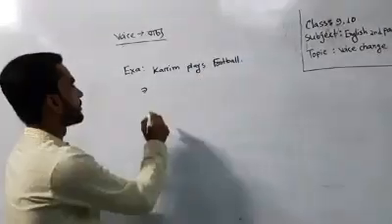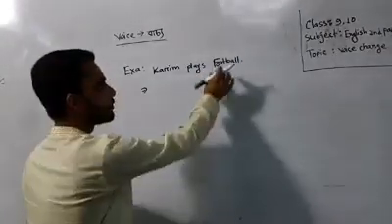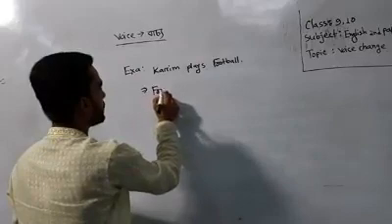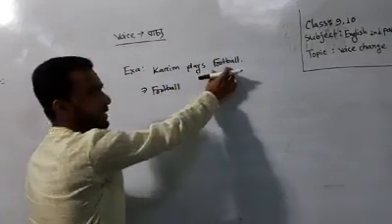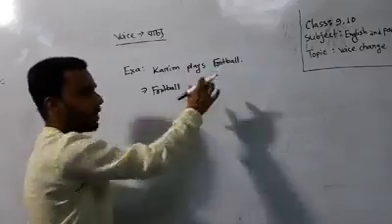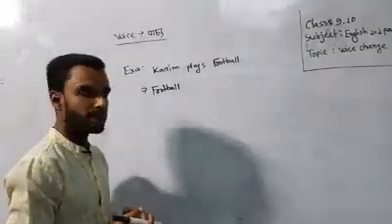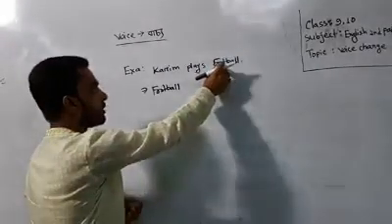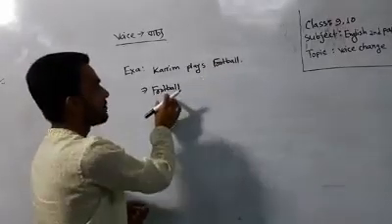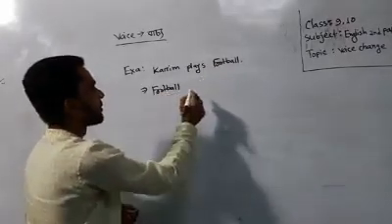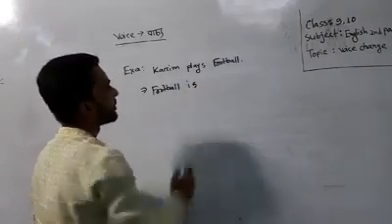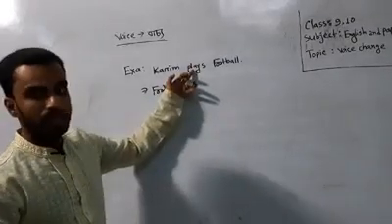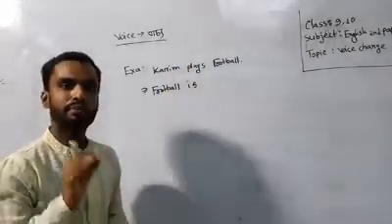So at first you have to add football, because football is object here. When we change voice, football will be subject. Then auxiliary verb is. Then here verb play. You know that play, played.